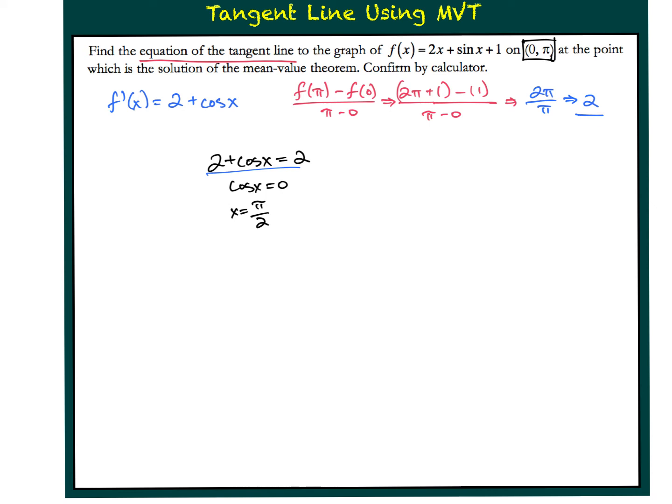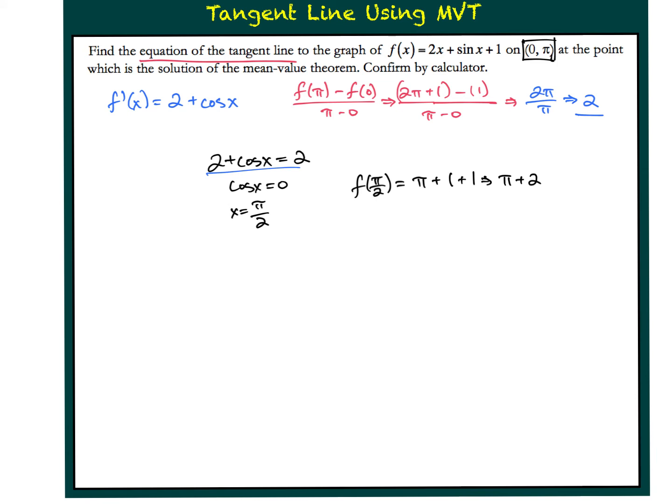So do I have a point, though? No. So let's substitute it back into the original. 2 times pi over 2 is pi, plus, what is the sine of pi over 2? 1. Plus 1. So my point is pi over 2 comma pi plus 2.